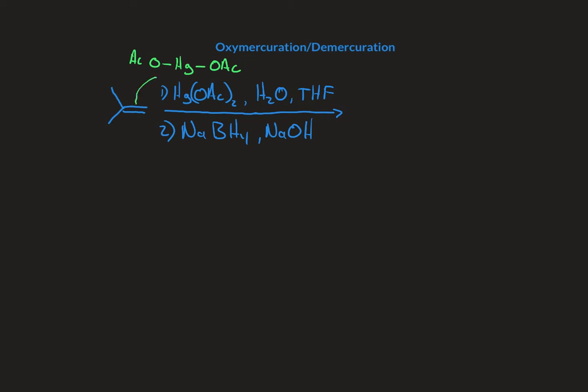And mercury acetate is an electrophile, and so it's going to pick up some electrons. And just like the bromonium ion, mercury has some extra electrons that it can give back.